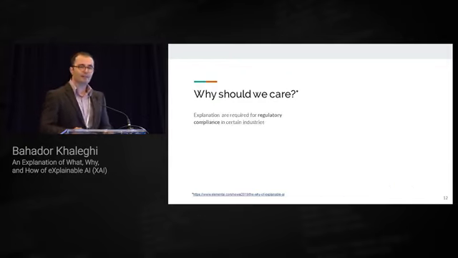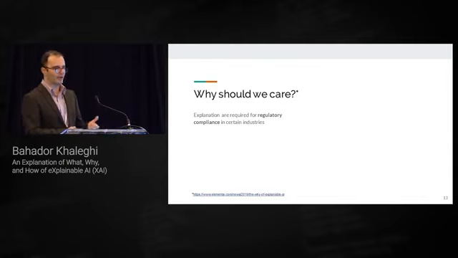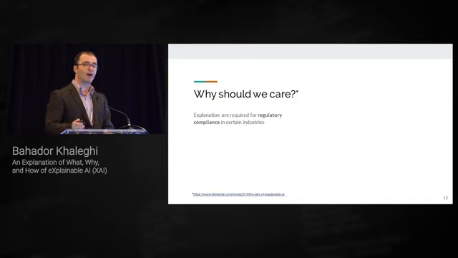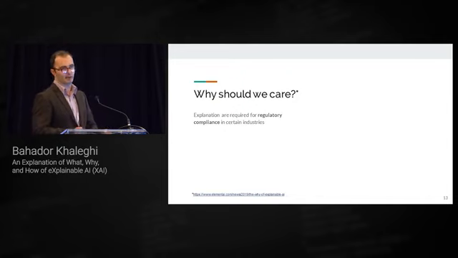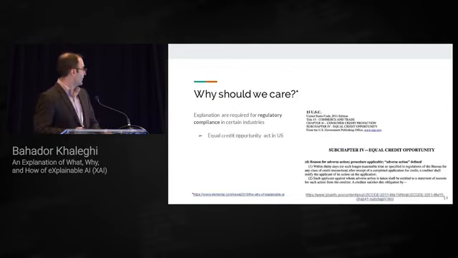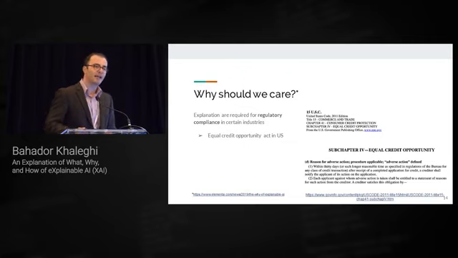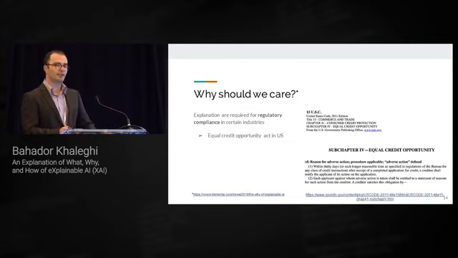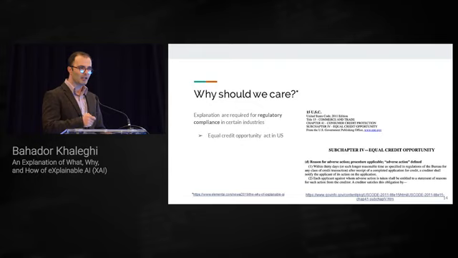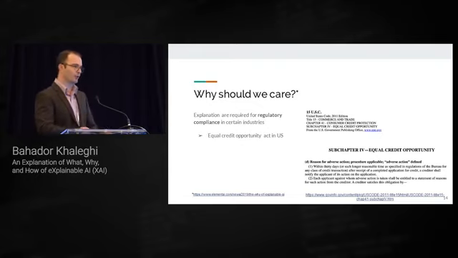The second reason I see explainability coming up very often, especially if you're operating in highly regulated verticals like finance, insurance, and banking, is that there's already a body of regulation asking for explanations. For example, in the States, there's the Equal Credit Opportunity Act, which basically asks all lenders to provide applicants with explanations of why a certain application was accepted or rejected. They call it the reason code.